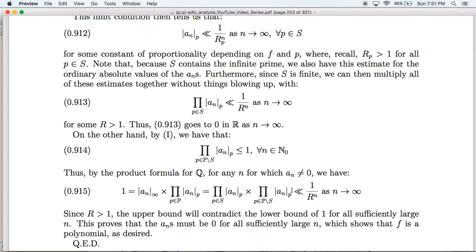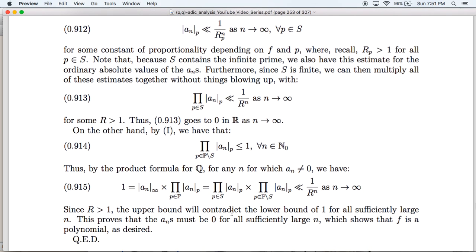But this gives us a contradiction, where our upper bound is smaller than 1. Remember, the only reason the product formula doesn't work is if the thing we're applying it to is 0.